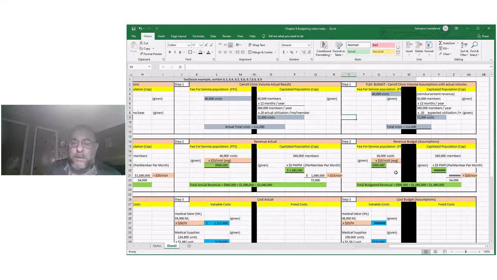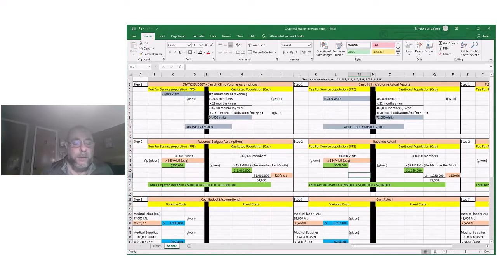So when we go into this step 2, do you remember how I never changed this, by the way? You may have been wondering, hey, that math doesn't work out. Back in the actual results, the revenue was averaging $24 a visit, not $25 as we anticipated. If we go back to the original, 36,000 times expecting $25 revenue per visit, we ended up with 40,000 visits, but the average revenue only ended up being 24.